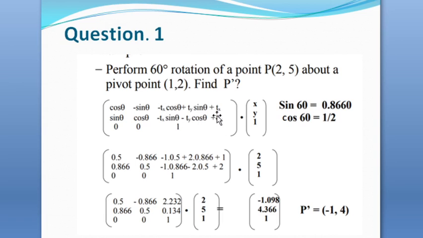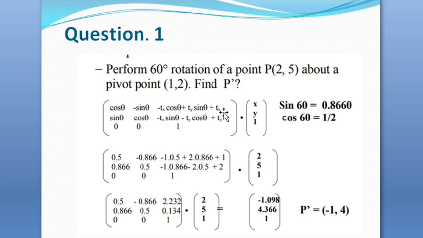Here we have used the same formula within the rotation matrix, with tx 1, ty 2. So minus tx cos theta, minus 1 into 0.5 plus 2 into sin 60, plus tx value 1.